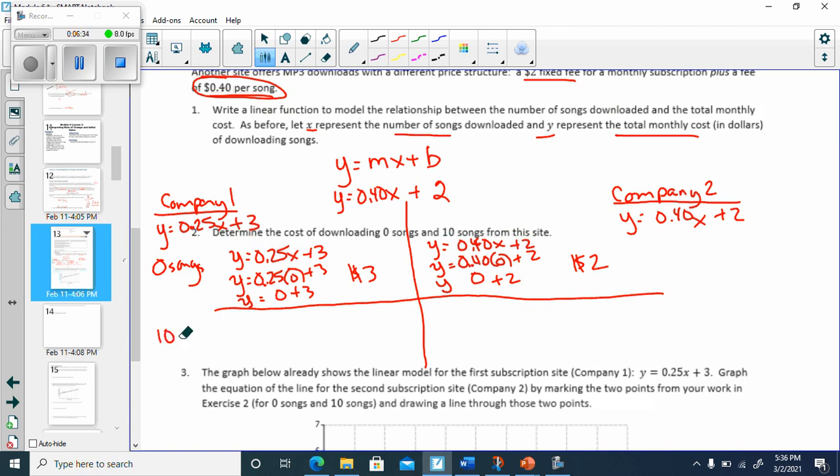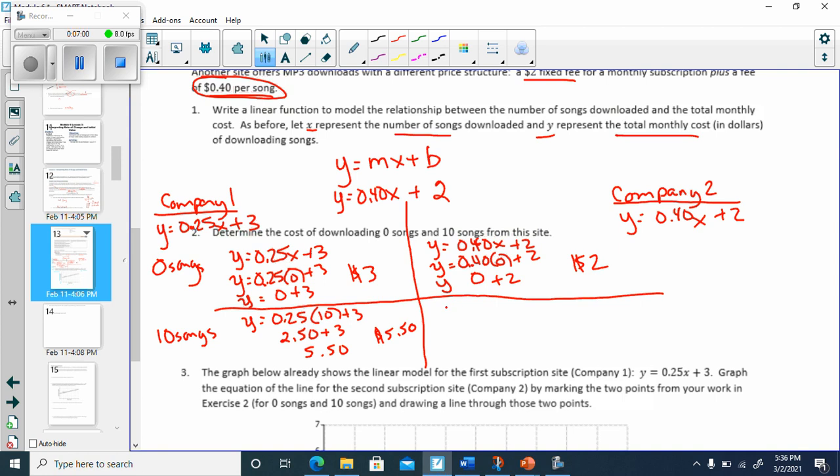Well, let's try it for both of these. If we've got 10 songs, you've got Y is equal to 25 cents per song times your 10 songs plus 3. That would give you $2.50 plus 3, which would be $5.50. It would cost you $5.50 if you downloaded 10 songs with this service.